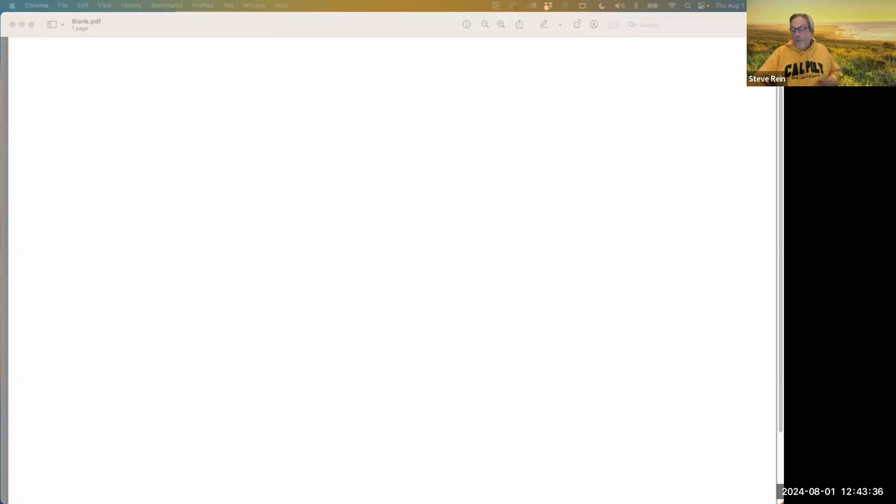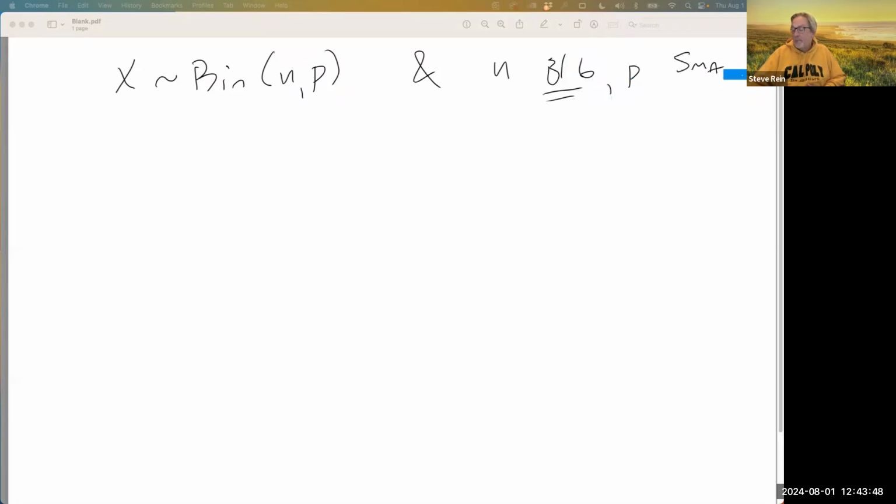So if x is distributed binomial(n, p), and n is big and p is small, and those are two relative terms, big and small, and we're just going to say lambda equal to n times p is also small.